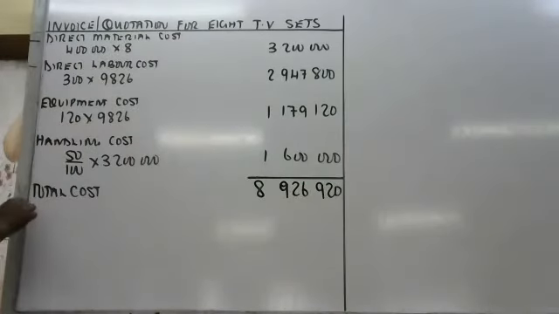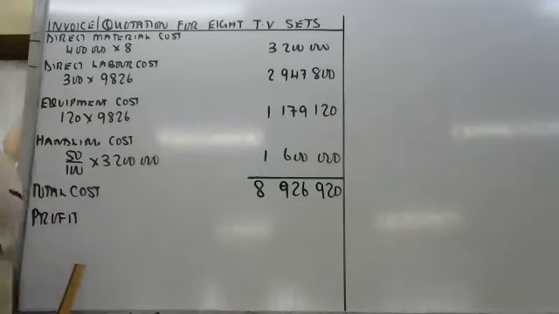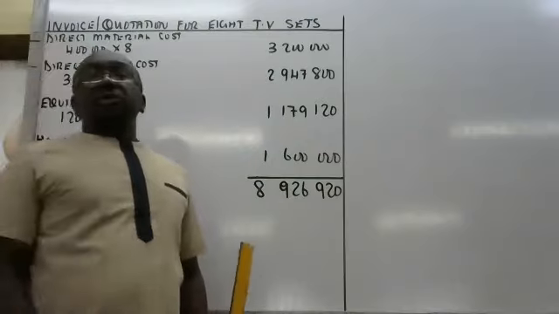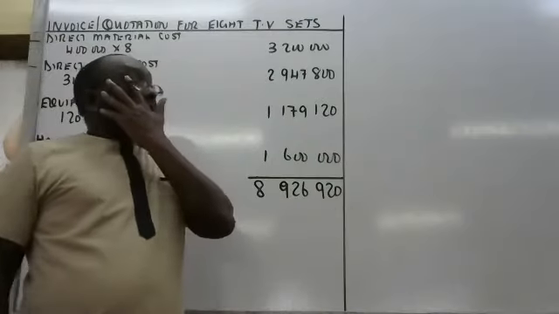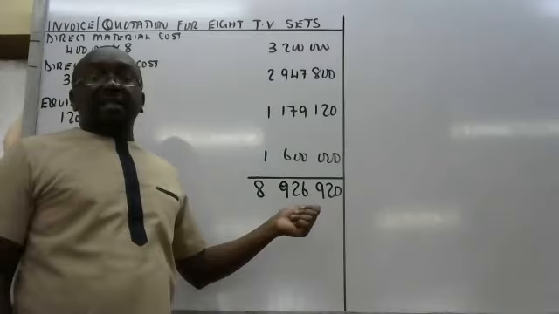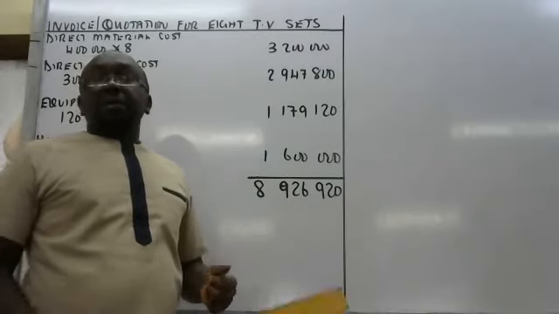Then you bring the profits. Now this profit, we are given margin. And I told you margin is in terms of the price. Now we have the cost. So you must convert it to markup.